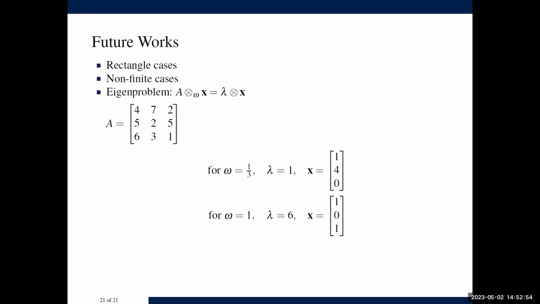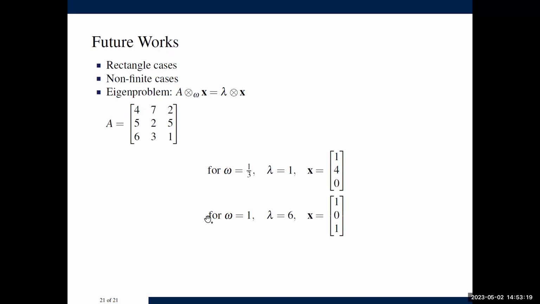Okay, I give an example here. For omega equal to 1/3, which is a min plus case, the eigenvalue is 1. Why? Because 1 here is the smallest element, sorry, the average weight of the critical circuits, and the corresponding eigenvector is this one.